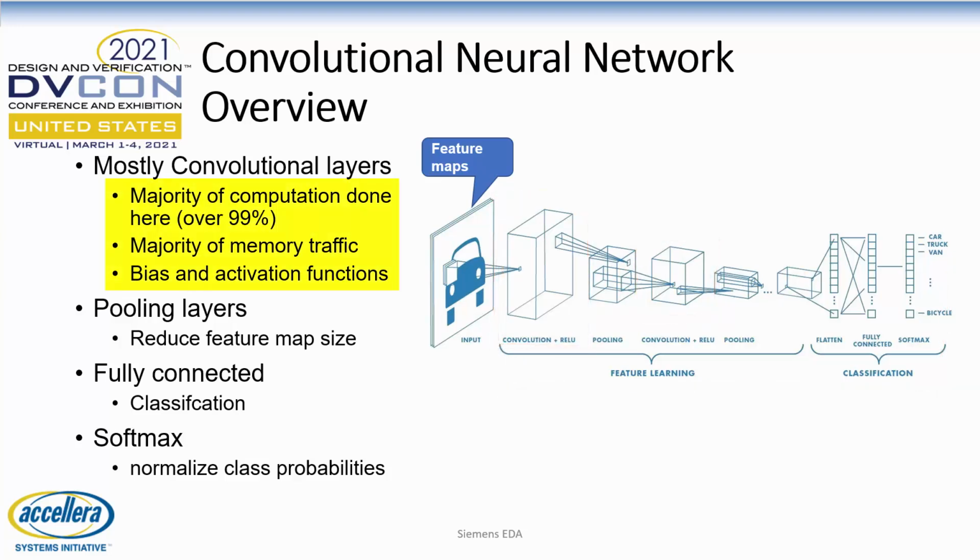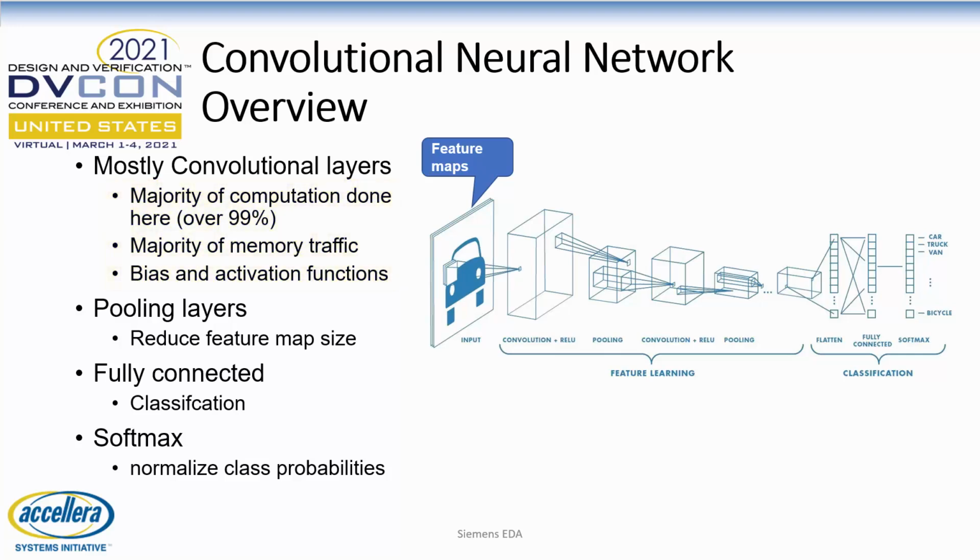The majority of the computation is typically done in the convolutional layers and usually is responsible for over 99% of the computation. The majority of the memory traffic is also caused by the convolutional layers, and bias and activation functions are usually done in combination with the convolutional layers.